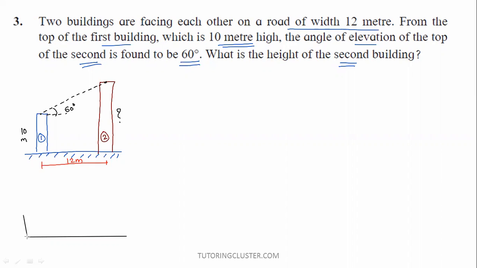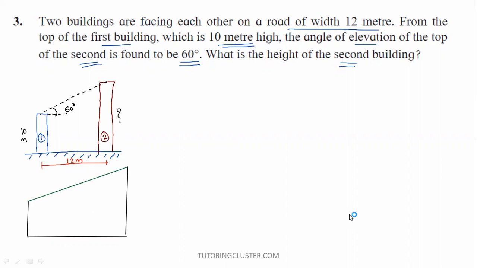This is the first building, which is 10 meter. This is the second building, whose height is unknown to you. Now the angle of elevation, how are we going to draw this? This is the line of vision.